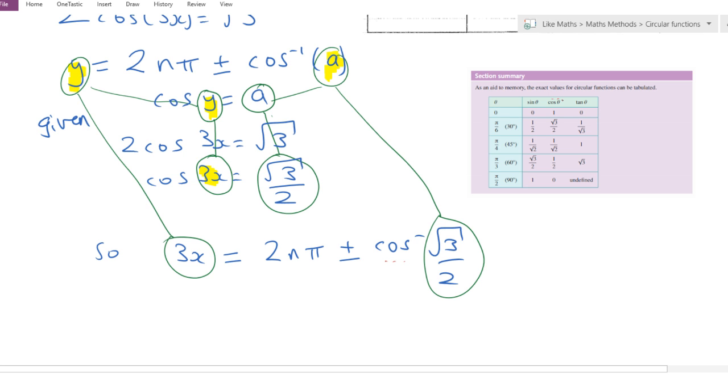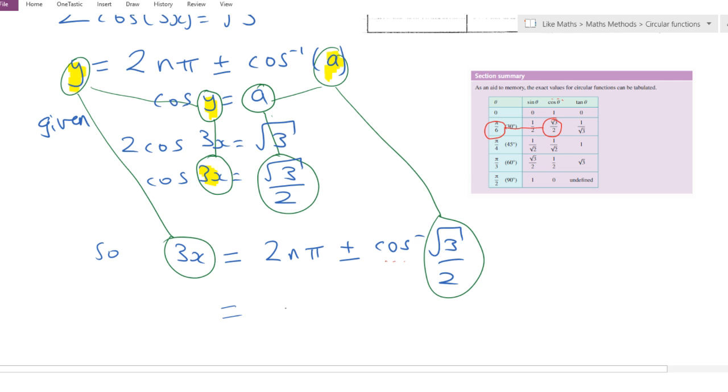So we've got cosine there, root 3 over 2, looking across, turn that back into an angle, pi on 6. Because effectively we're using the exact value table to find the inverse cosine. In other words, we've got the cosine of the angle, we want to get the angle itself. Right, so we're much closer now.